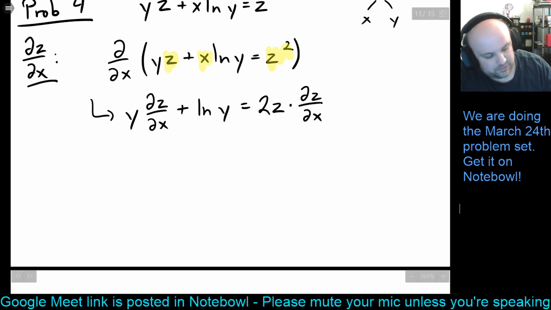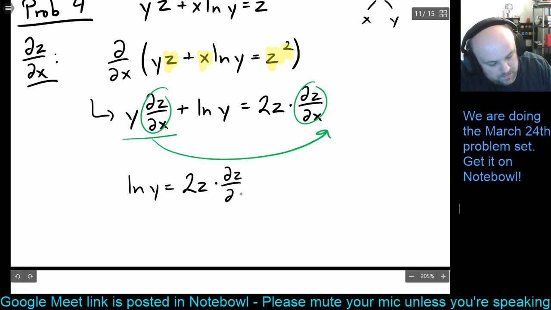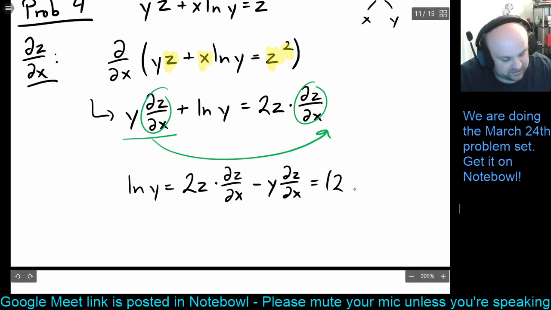So what we want then is to solve for this thing. So we're going to take this part and move it to the other side. It's y, x. And we're trying to solve for this, so let's factor it out so we can actually get it by itself.